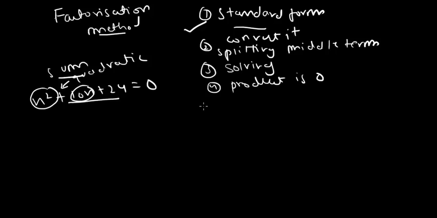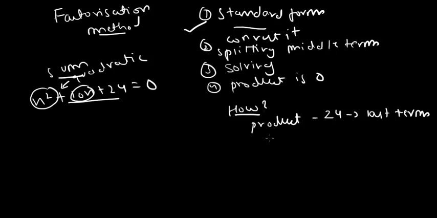How do you exactly split a middle term? You split the middle term in such a way that the product is 24, that is the last term, and the summation is 10, which is the middle term.